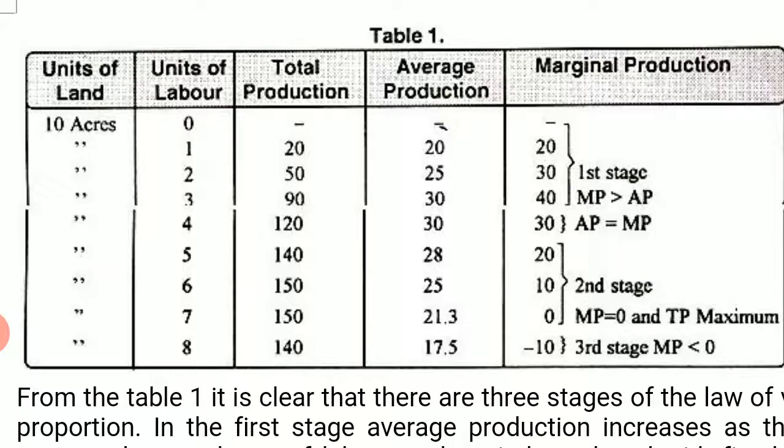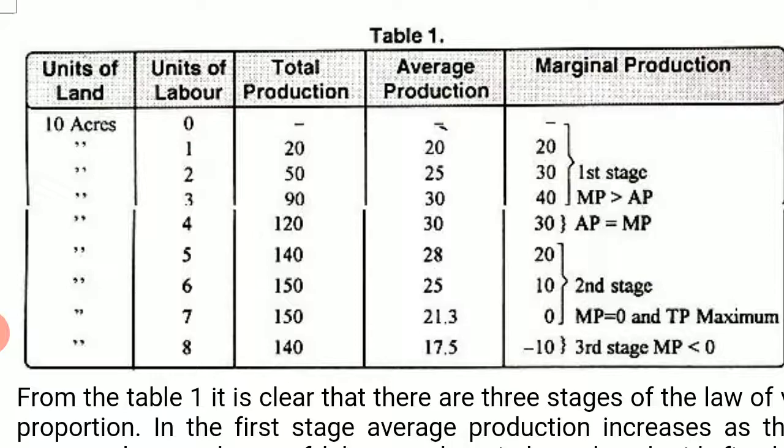Now look at the fourth column, which shows average production, and the formula to find the average production is total production divided by units of labor. Now here, when the unit of labor is 0, total production is also 0 and average production is 0. When the unit of labor is 1, 2, 3, total production is 20, 50 and 90. Now divide the total production by the unit of labor.